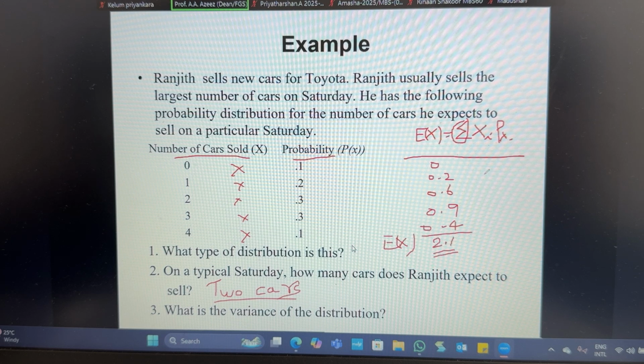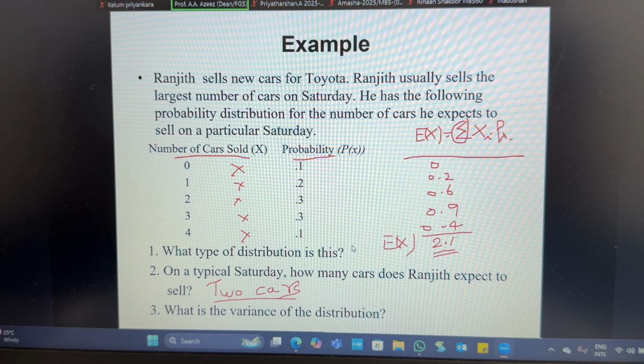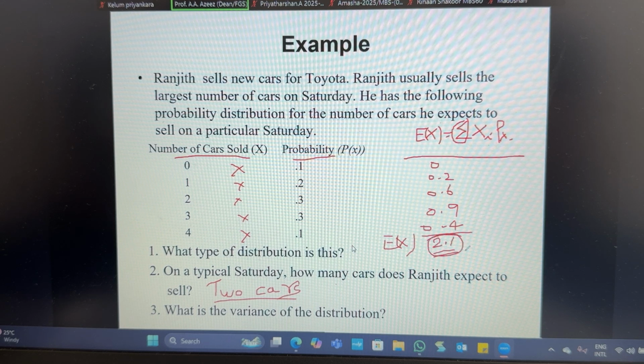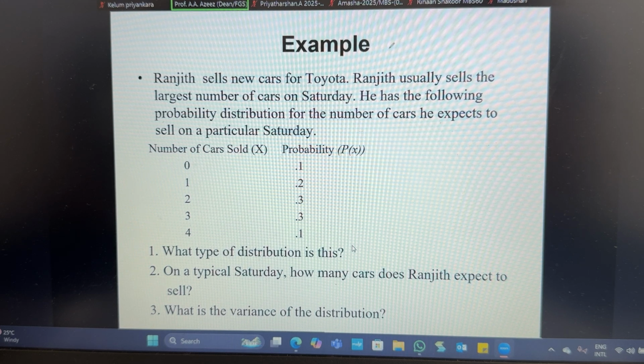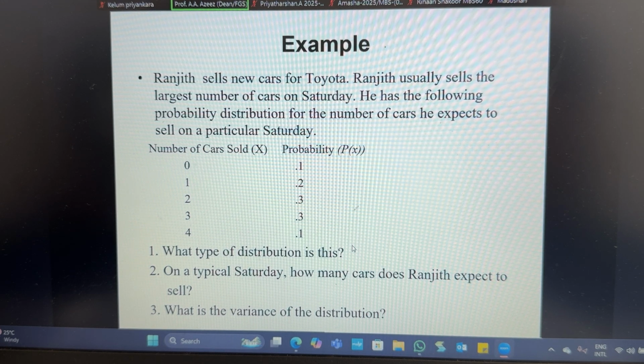So what is your formula again? You know that 2.1 is the expected value. So we know that our variance, now it's actually a variance, not a standard deviation.